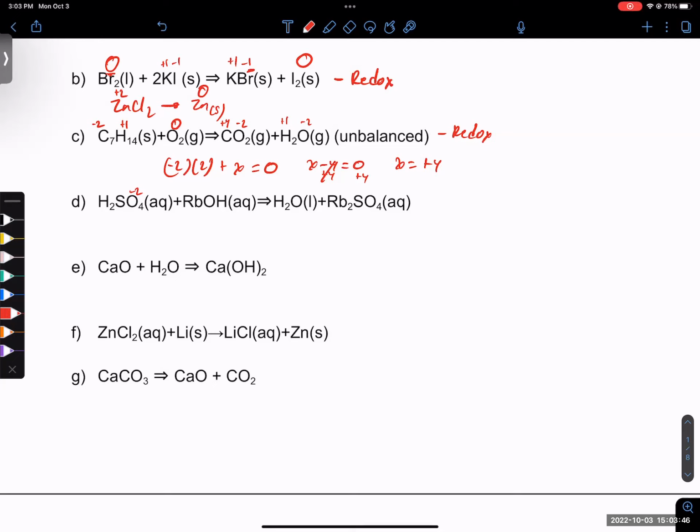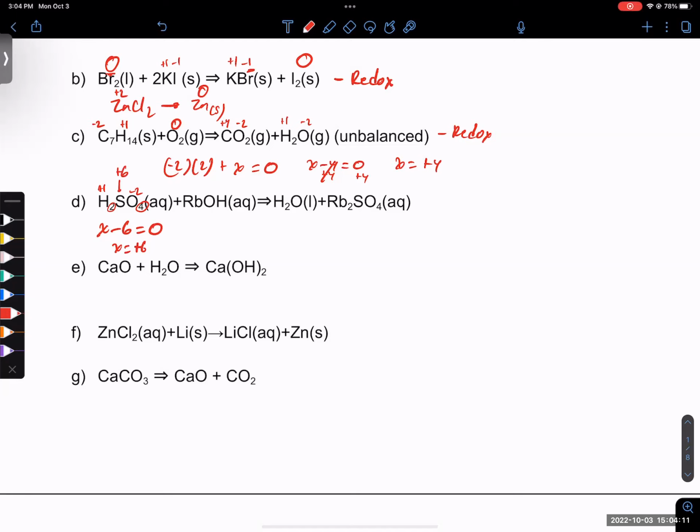Now, what about your hydrogen? What's that going to be? +1, exactly. So you have your -2, your +1, and everything has to add up to 0. So -8 +2, because 2 came from here and 4 came from here, is -6. So then you'll have x -6, and the entire thing has to add up to 0. So your sulfur is going to be +6.